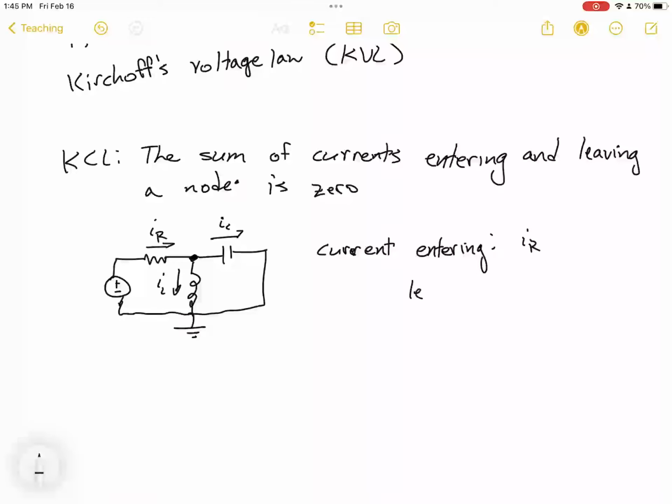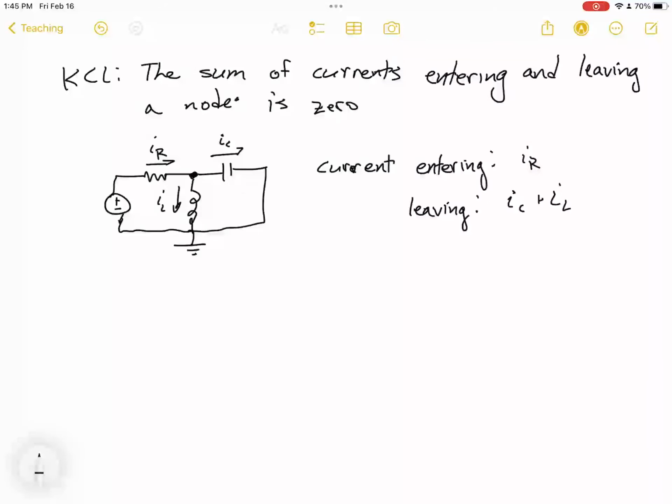And the currents leaving is going to be the sum of IC plus IL. And that means that IR equals IC plus IL. And so this is a fundamental law, and we have relationships that we can start to plug in that allow us to analyze this circuit.